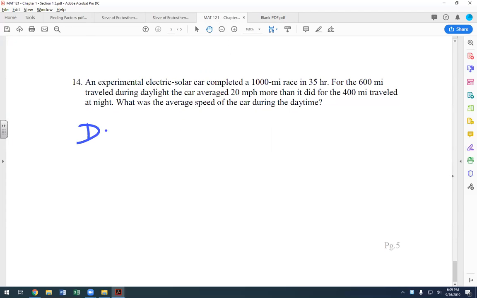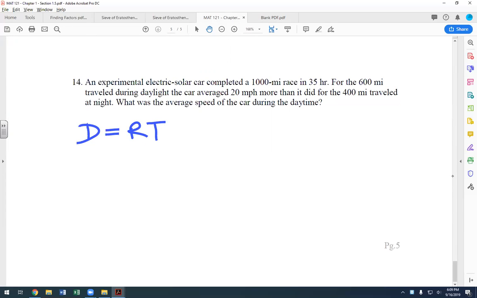So that's our dirt formula. Distance equals rate times time. But obviously we'll need to figure out how to rearrange it based on this example. So let's go ahead and break this down into what information we have on hand.